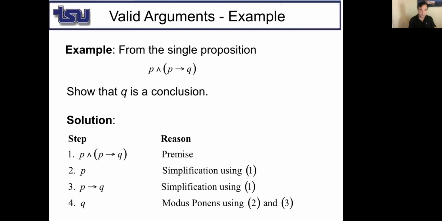From this premise, from simplification, P must be true, and then P implies Q must be true. If this is true, simplification tells us P must be true, and this must be true. And modus ponens, if you recall, was: if P is true, and if P implies Q is true, therefore Q must be true, okay? So therefore Q must be true.